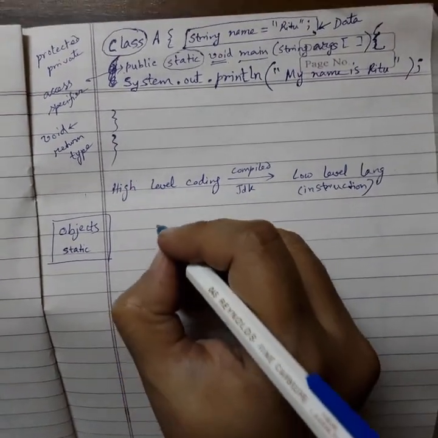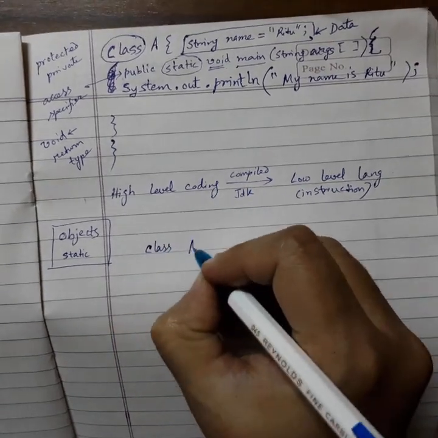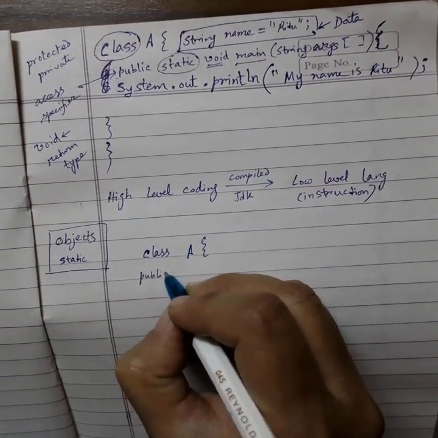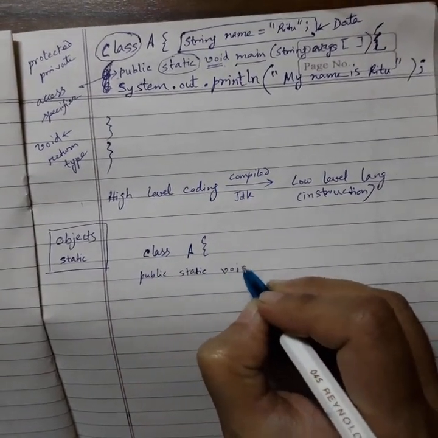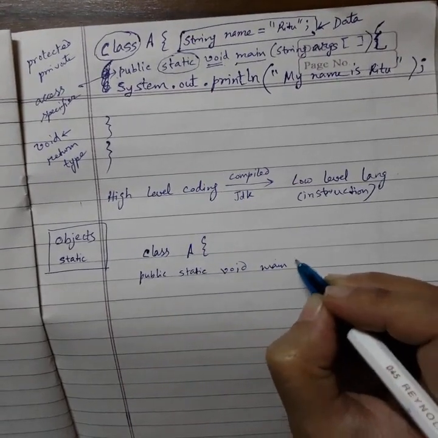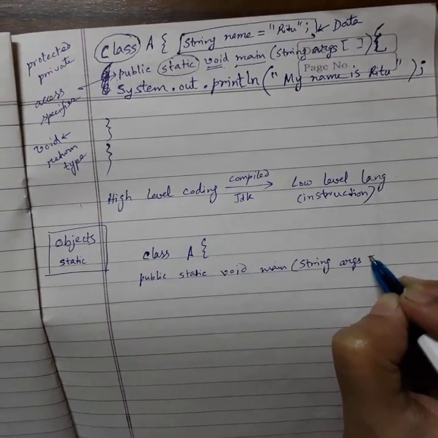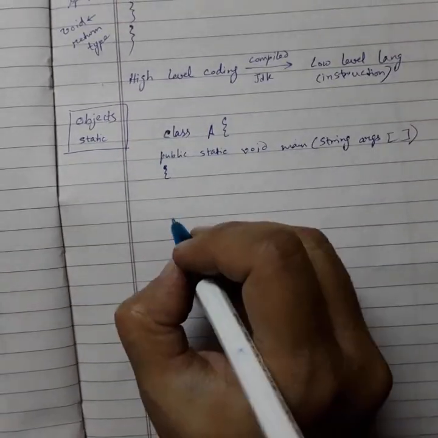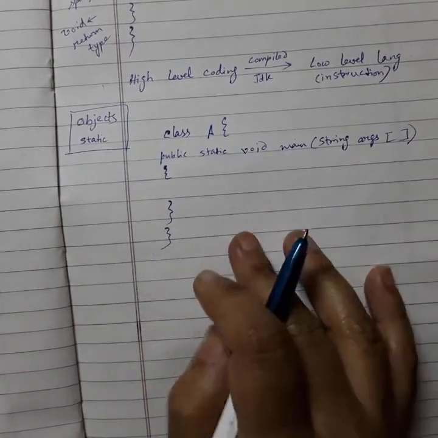In the above code, let me write it again so that, say we have got a class here, public static void main, string args, okay, whatever we need to.